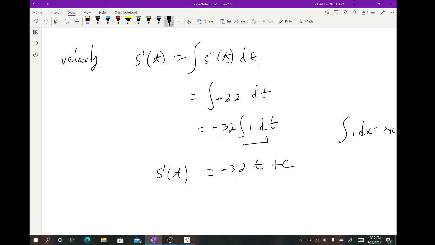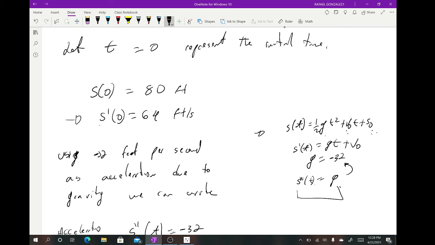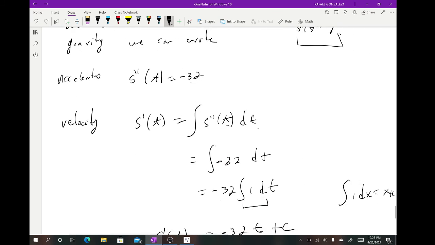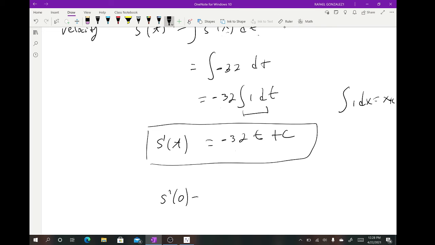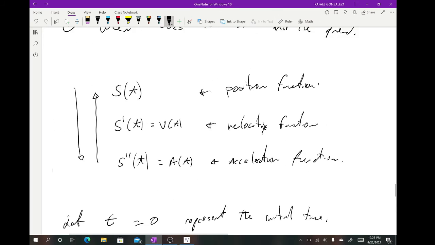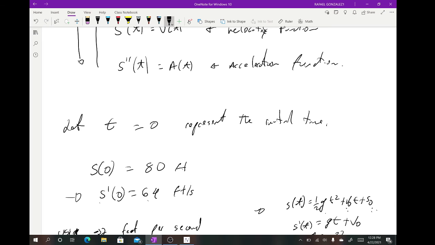Now, if we use the initial velocity that we had, s prime of 0 equals 64 feet per second, and we now have a function for that velocity, we have s prime of 0 is equal to negative 32 times 0 plus c, and that has to be equal to 64, because that's what we had up here.